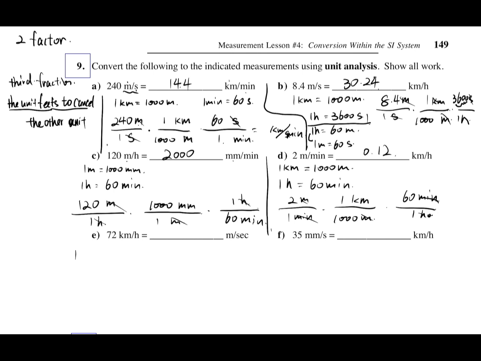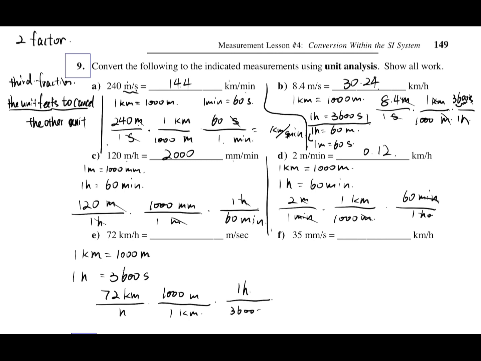And the last one: 1 kilometer equals 1000 meters, and 1 hour equals 3600 seconds. So it's 72 km divided by h, times 1000 m per 1 km, times 1 h per 3600 s. We cancel km and h, and it equals 20. And for the last one, 1 kilometer equals 1000 meters, 1 meter equals 1000 millimeters, and 1 hour equals 3600 seconds.